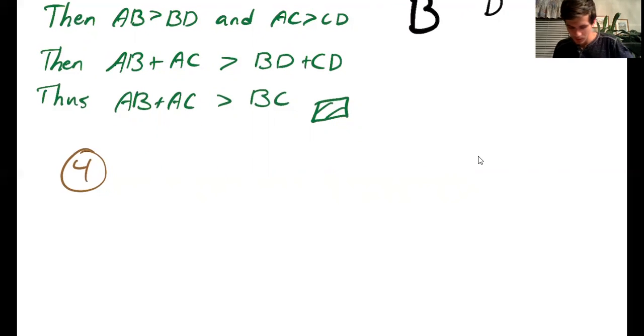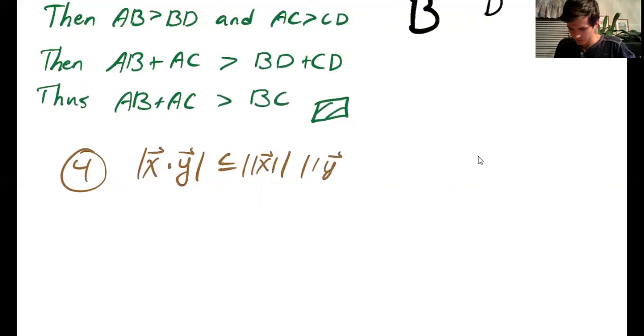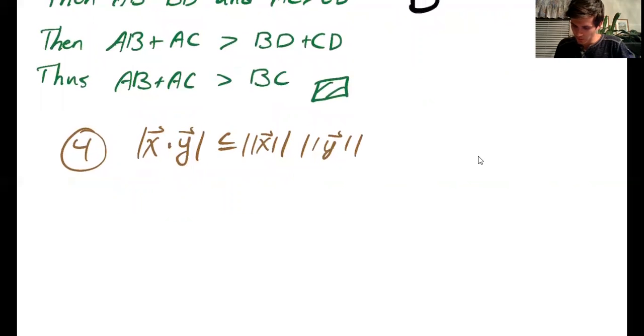So we have X dot Y less than or equal to... We're going to look at this geometrically. So let's say we have a vector here.